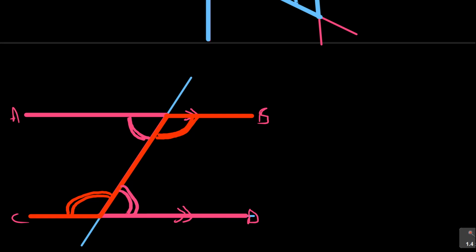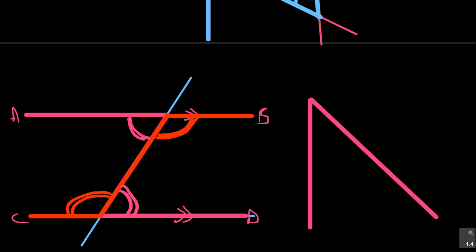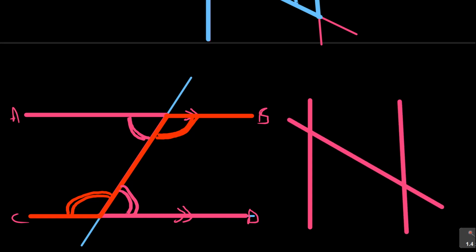Even if I'm dealing with my N shape, I can do my N shape like this, to say I have a line, and remember the condition, parallel lines. If it's parallel, now look at the kind of the N that I'm gonna have in this case.